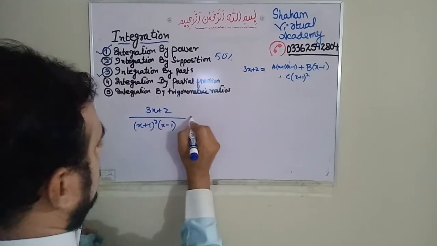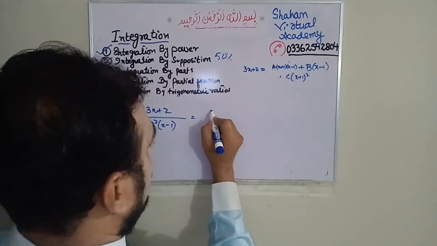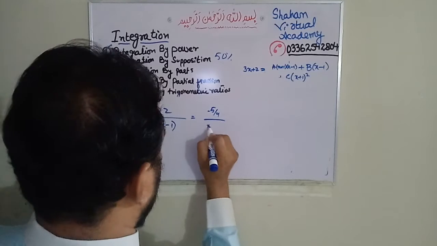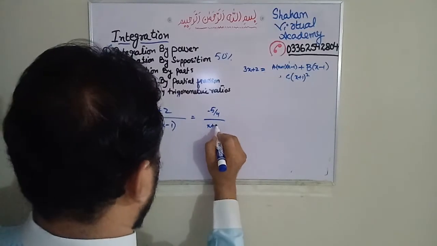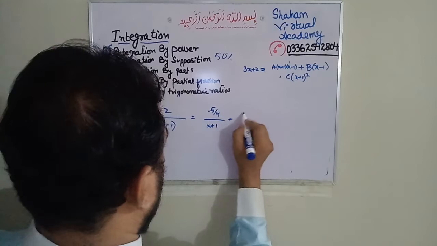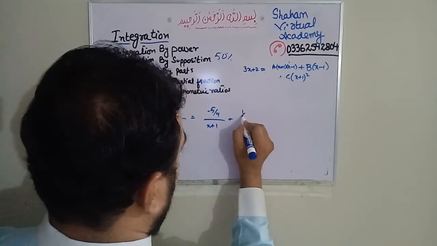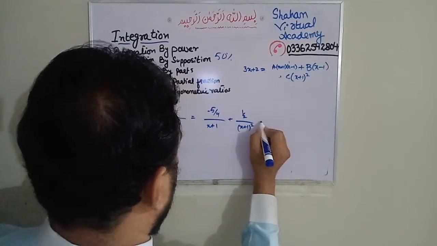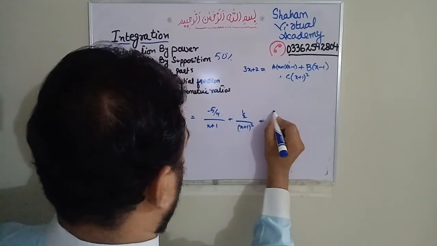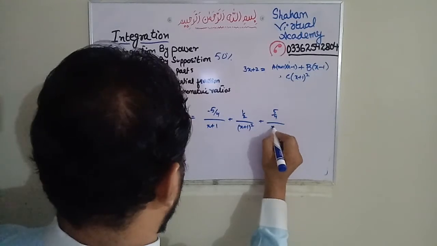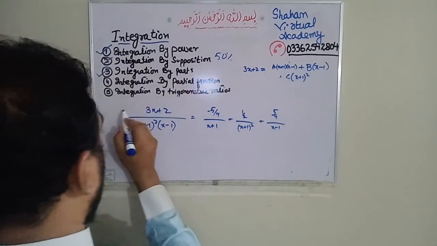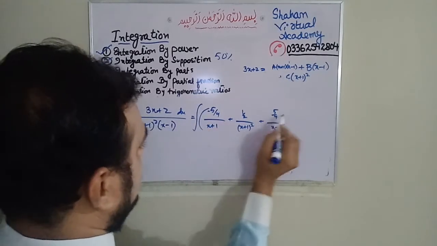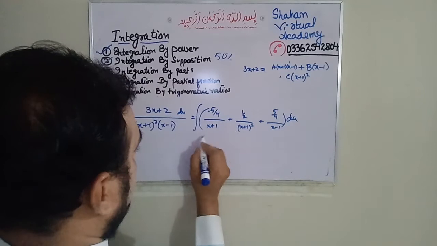So the value of a is 5 upon 4 (x plus 1), the value of b is 1 upon 2 (x plus 1) whole square, and the value of c is 5 upon 4 (x minus 1). Now we integrate it, applying dx on both sides.